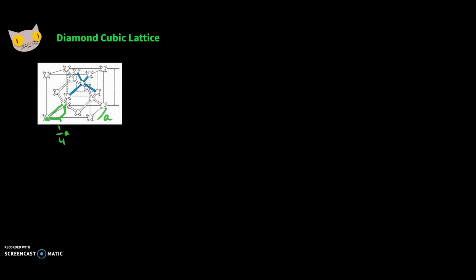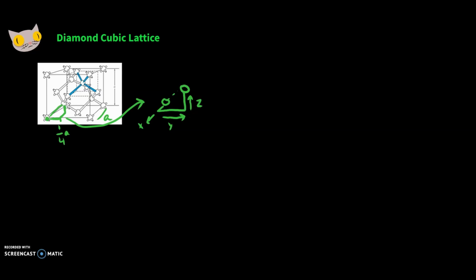The distance here, and I'll draw this out here so we can see it a little bit better. So it looks kind of like this. Okay. And this is going to be in the x direction, in the y direction, and in the z direction.